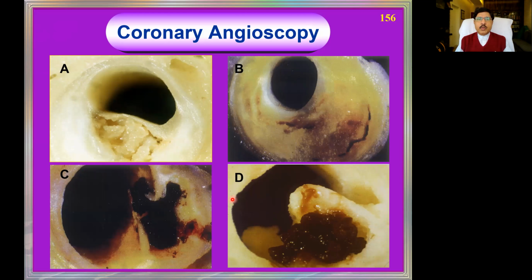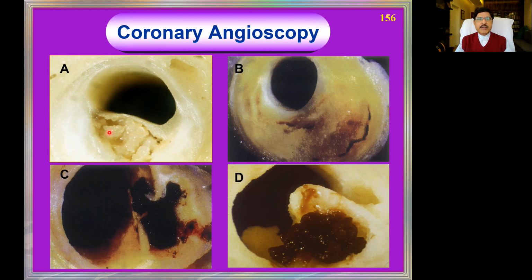These are coronary angioscopies. What are they? The endoscope is introduced into the coronary blood vessel and ultrasound pictures are recorded. These are intravascular ultrasound pictures. In picture A you see a buildup of plaque in the subendothelial region. All the LDL-rich cells, junk food, kurkure, all non-veg, everything is here.